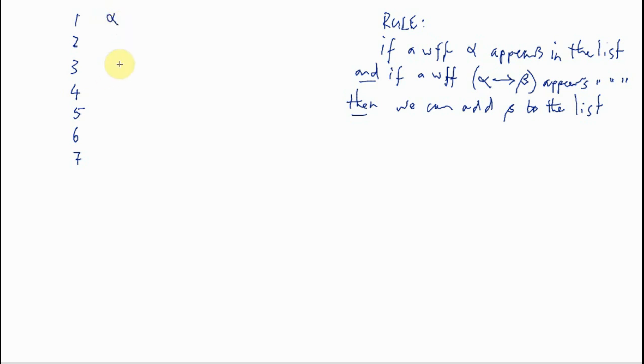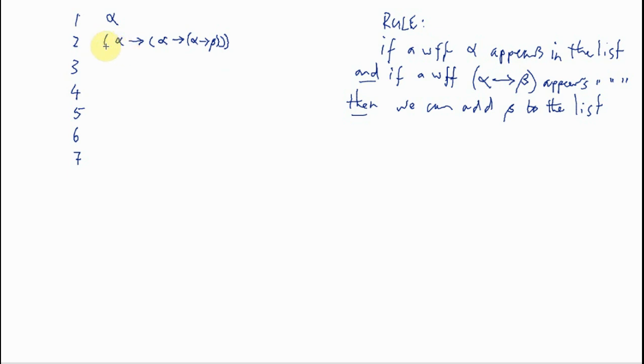We'll say it's alpha, and then we'll say that we have another wff, alpha arrow, and then there's a beta here, and our beta is this wff, which will be alpha arrow something, and that something is going to be another wff, alpha arrow beta. So here we have a wff.